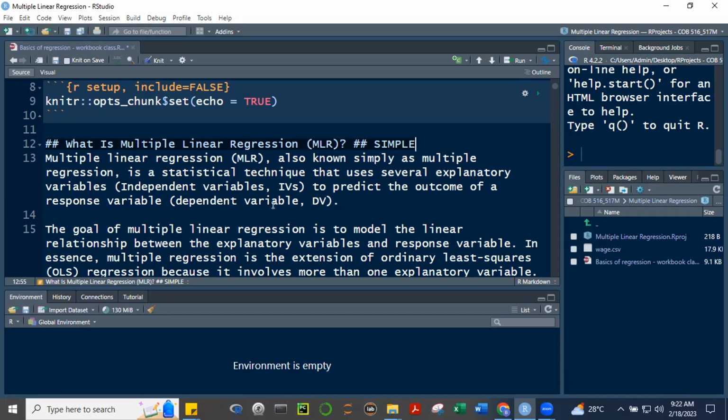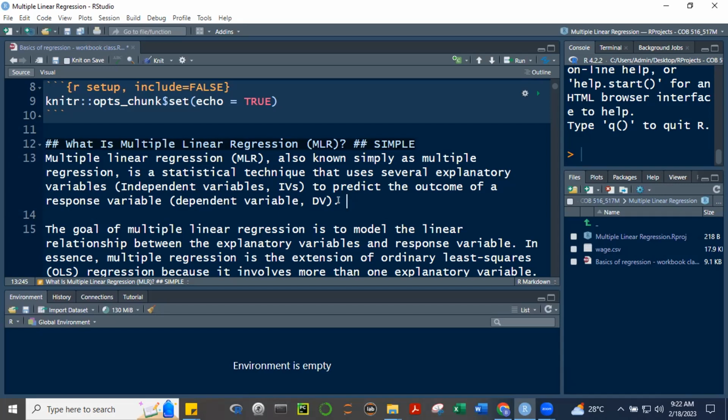The variable of interest, the variable that we're looking at, is what we call the dependent variable. There are other names for this. It's also called your explained variable or your response variable. There are many names that are used to describe your dependent variable.